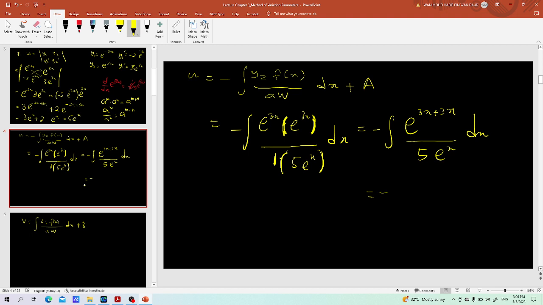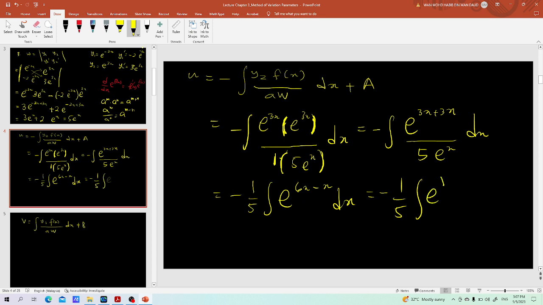We will have negative 1 over 5 integral of e^(3x+3x-x) dx, which is e^(6x-x), so negative 1 over 5 integral of e^(5x) dx.